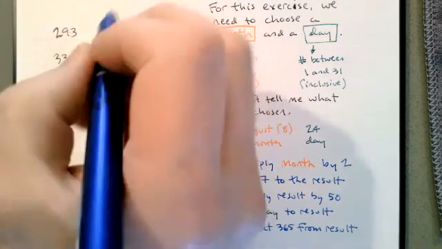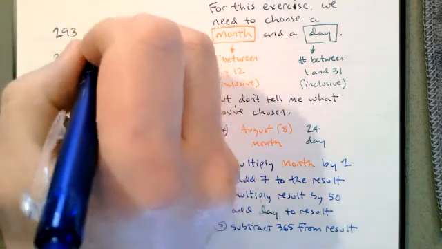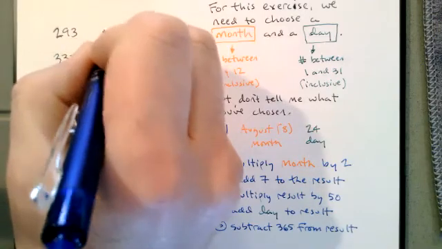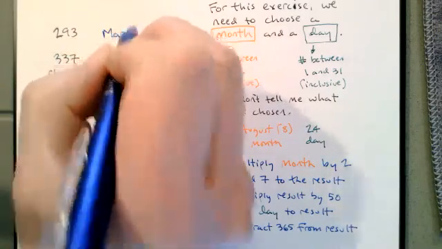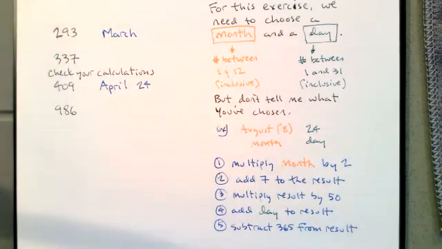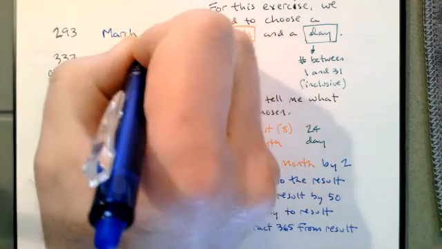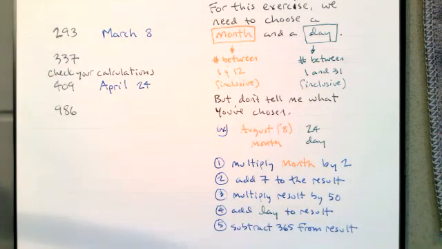Not quite April vibes, but definitely this 293 will march to a different tune. Early in March, single digits. I'm thinking this gives me a March. Is March 8th correct?